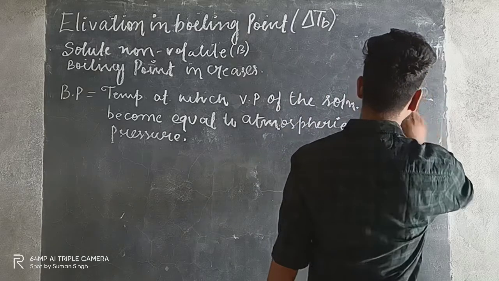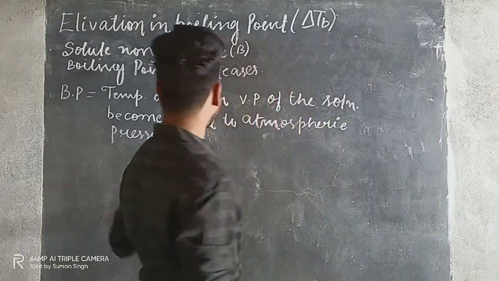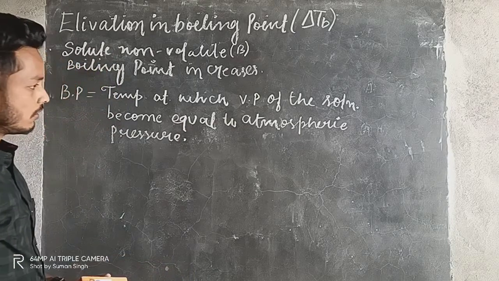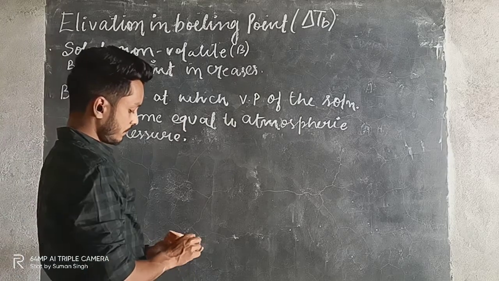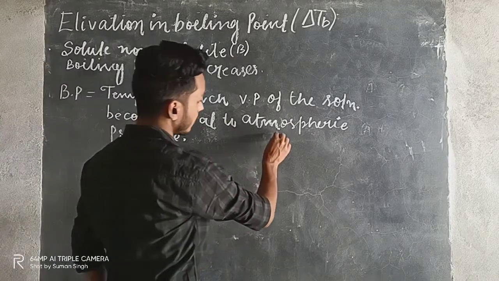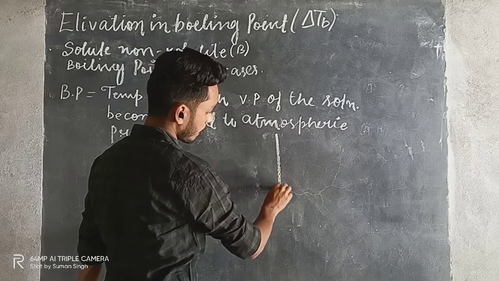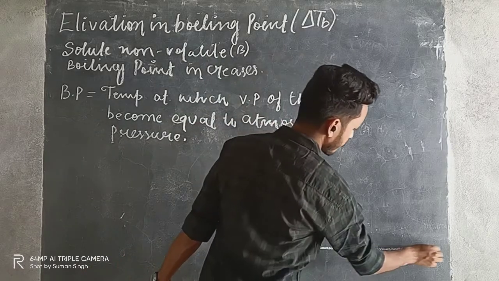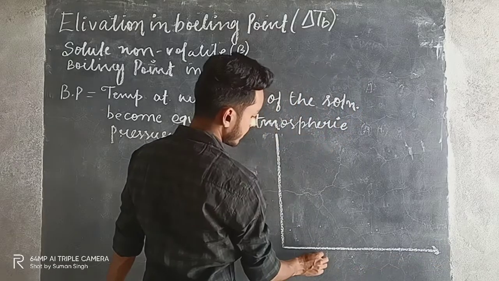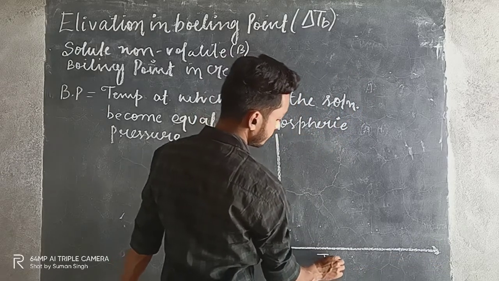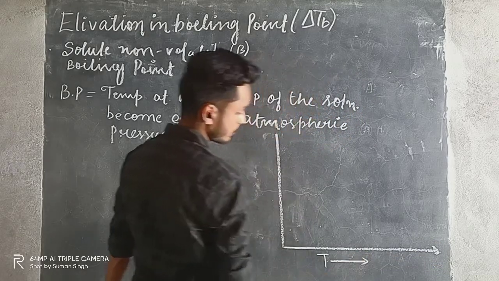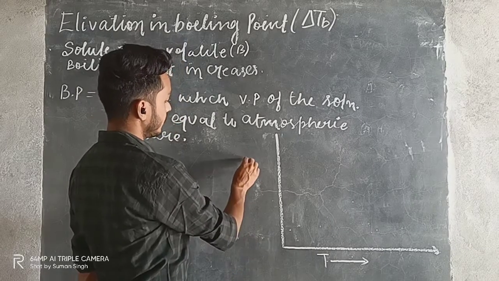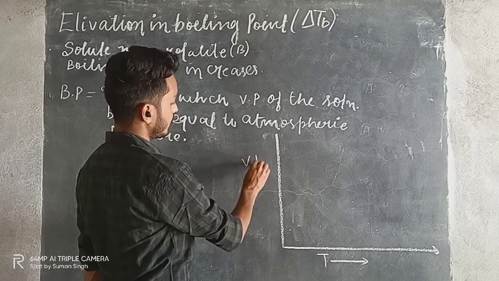To understand the concept of elevation in boiling point, we will take the help of a graph. This side we take temperature and this side vapor pressure.